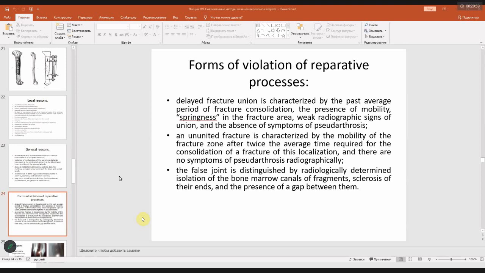The false joint is distinguished by radiologically determined isolation of the bone marrow canals of fragments, sclerosis of their ends, and the presence of a gap between them.